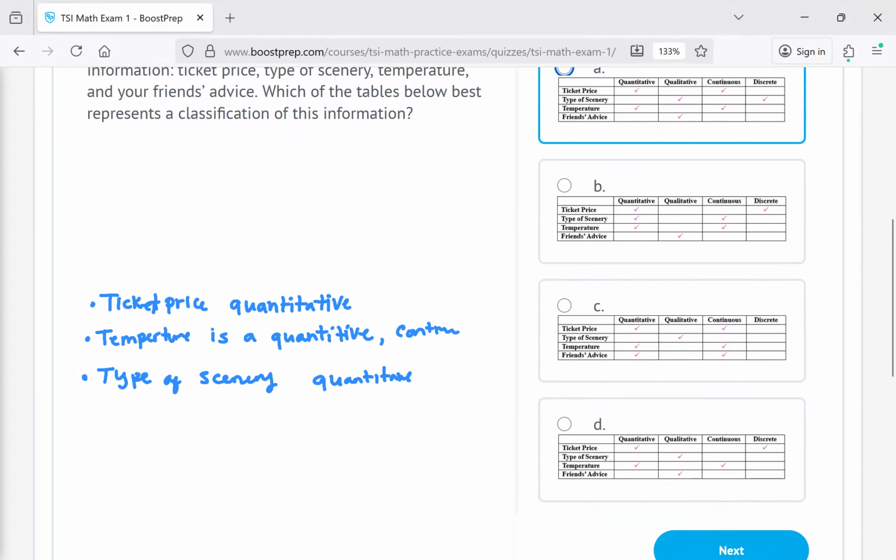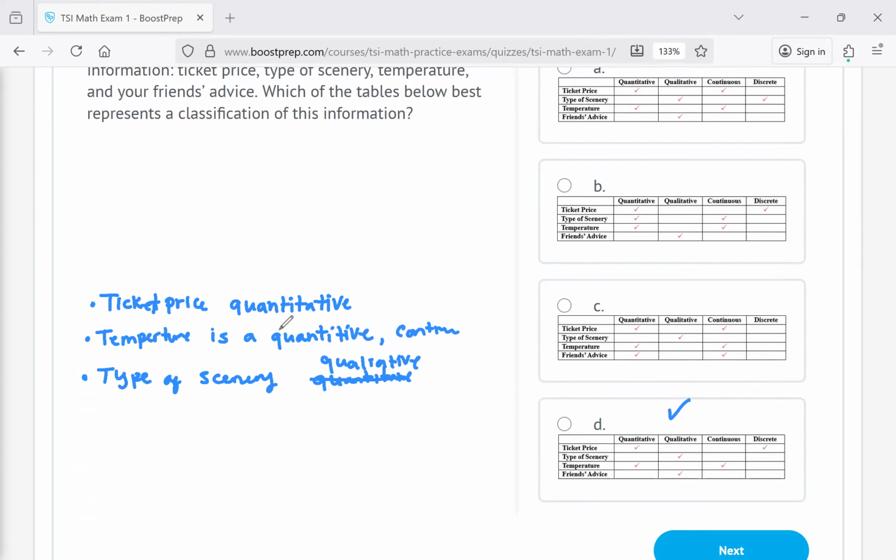I don't think type of scenery is quantitative, it's qualitative, right? Because it can't be measured in a number. Also, we said that temperature can be continuous because it can take on any value. So I think the correct answer will be D.